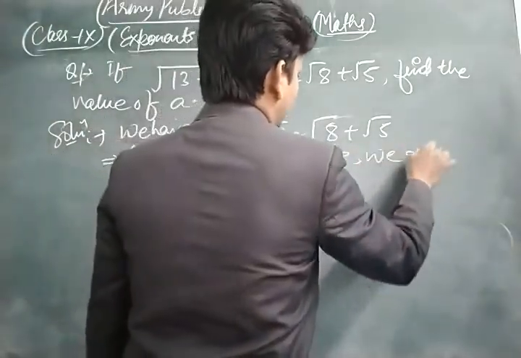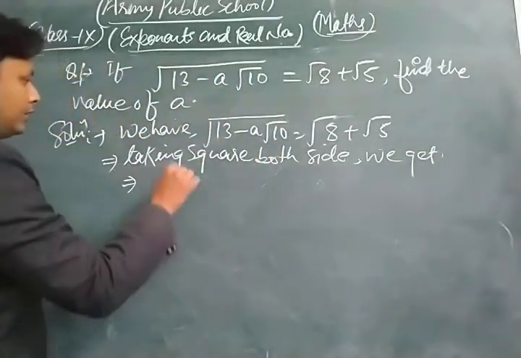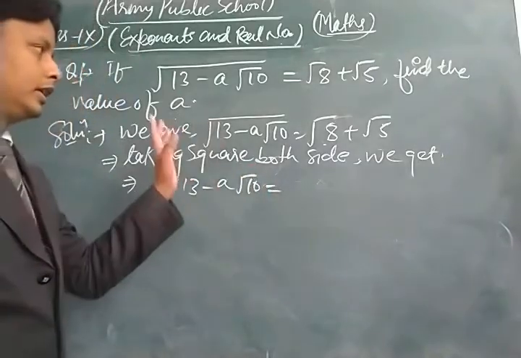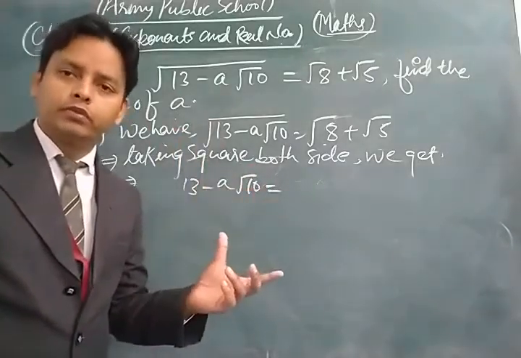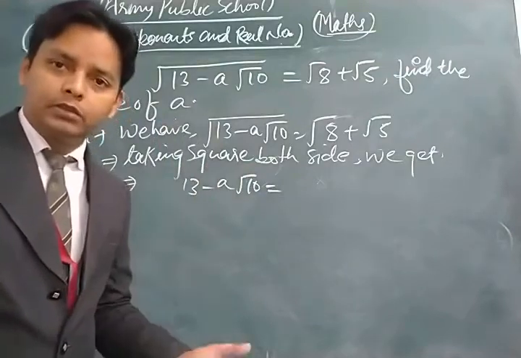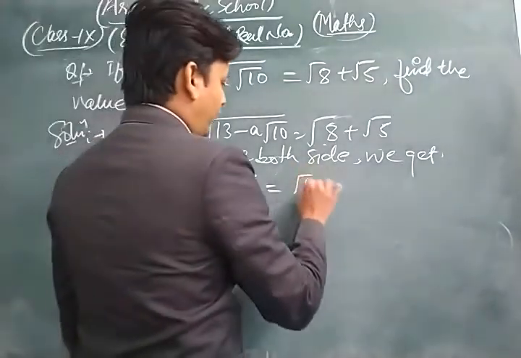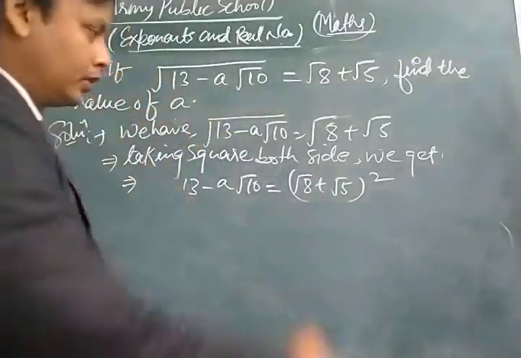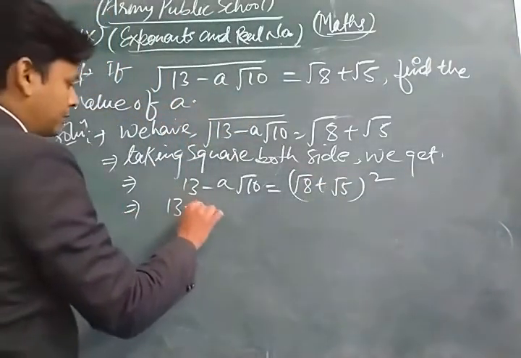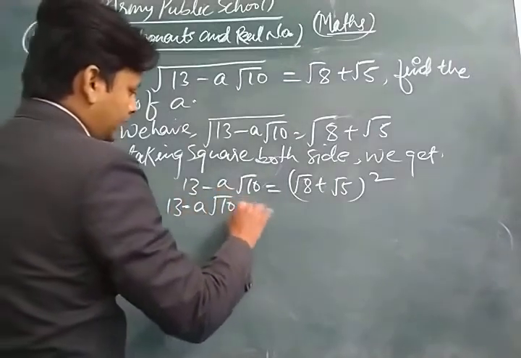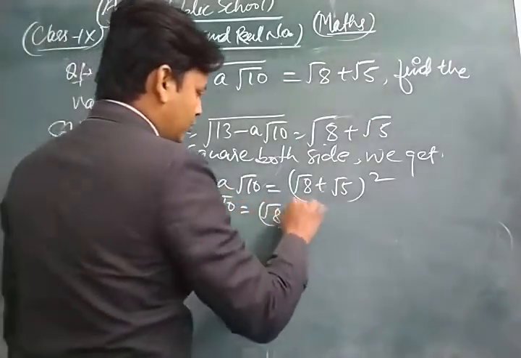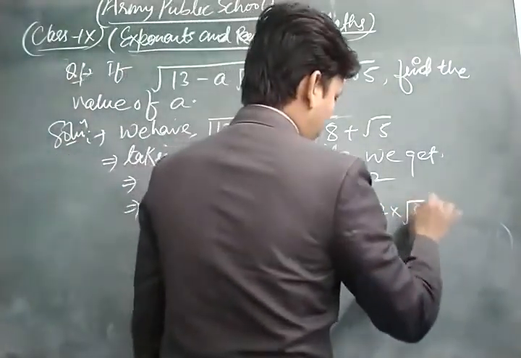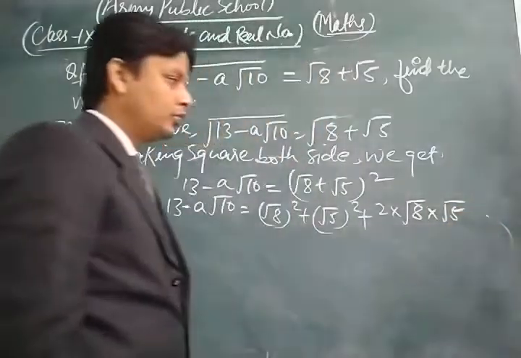Taking square on both sides, we get 13 minus a under root 10 is equal to, removing the square root, root 8 plus root 5 whole square. Now we write 13 minus a under root 10 is equal to root 8 square plus root 5 square plus 2 into root 8 into root 5.